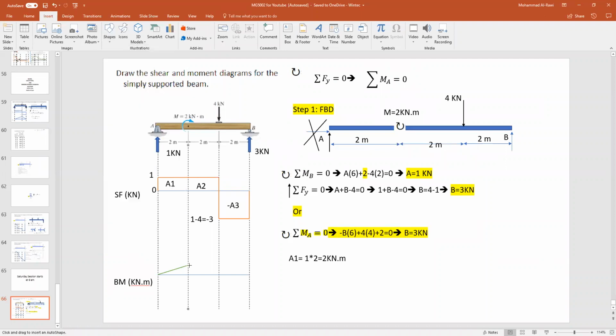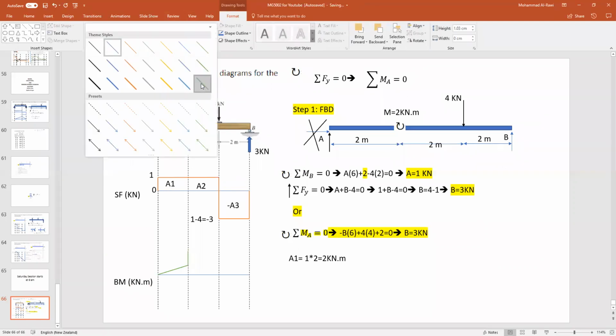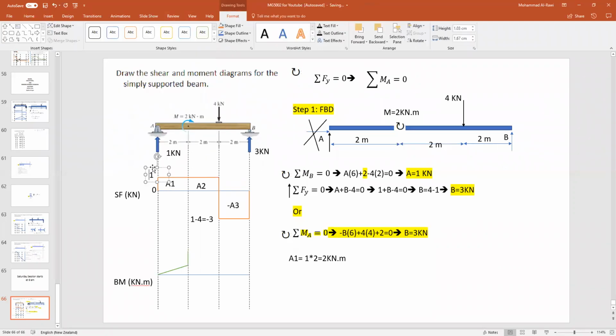So from here, we stopped at 2, and then I need to go up with another 2, and I'll put the values very soon. So let's copy this number, make it easy for me. So this value here was 2. Now, the top of that here is 2 plus 2 equals to 4.